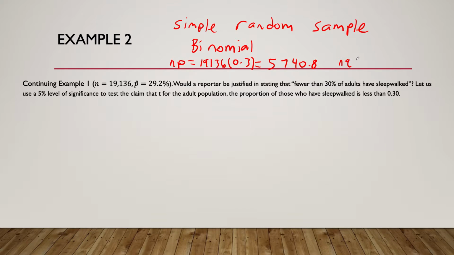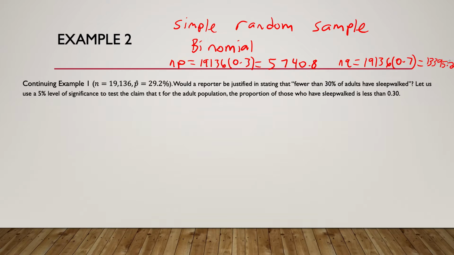N times q, so 1 minus p, this will be 19,136 times 0.7. And naturally, if this is greater than 5, this is definitely greater than 5 as well. This will give us a value of 13,395.2, is what this one rounds to.